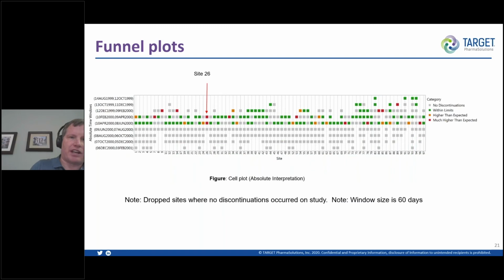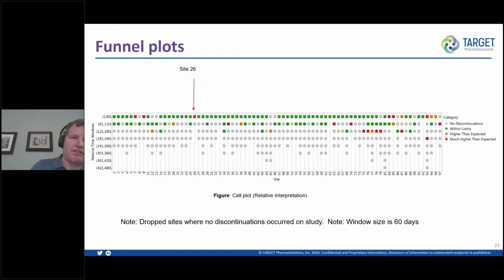So here, for example, we have a funnel plot where we're looking at time in an absolute setting in site 26. If we're comparing to this particular set of time according to the other ones, it looks like site 26 has had issues with its quality in the first 2 months of the trial.